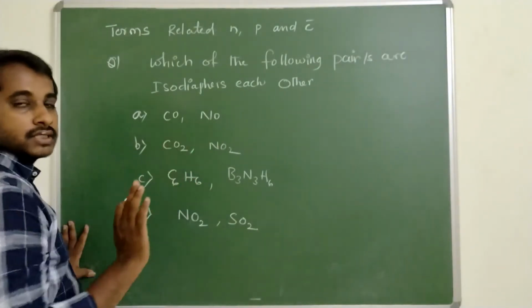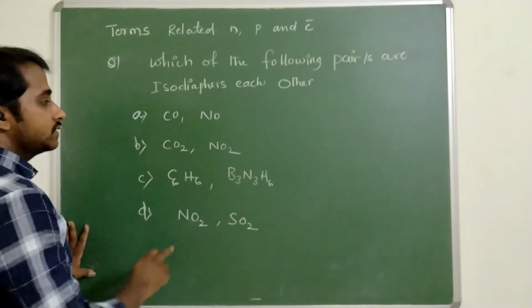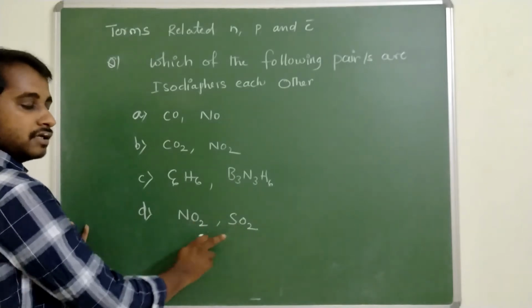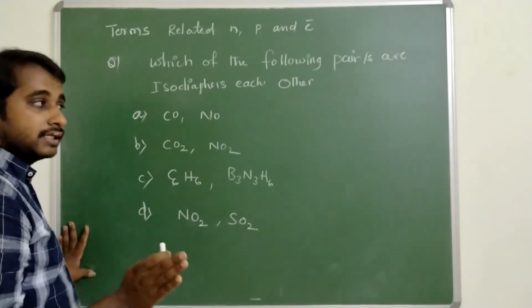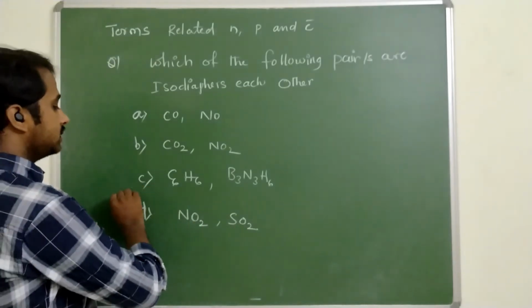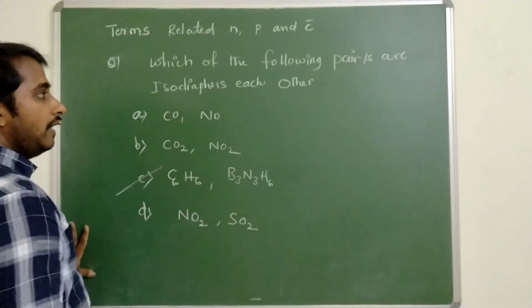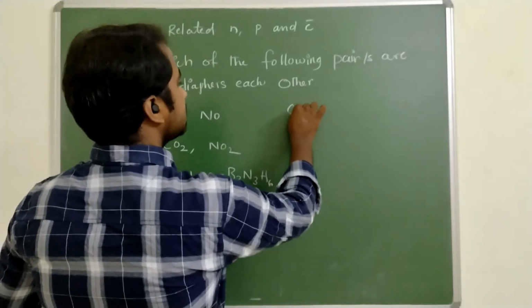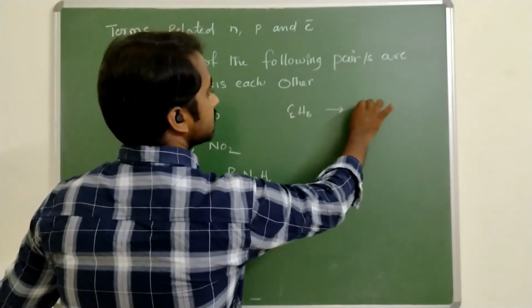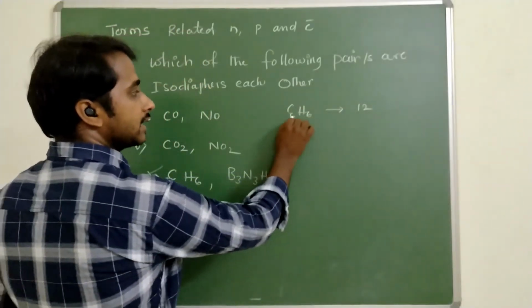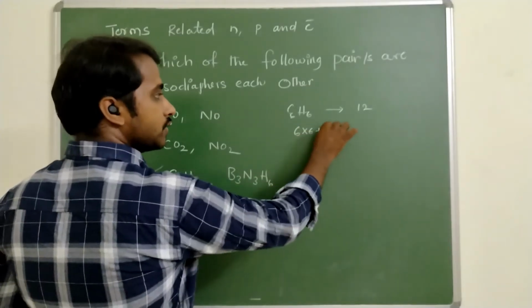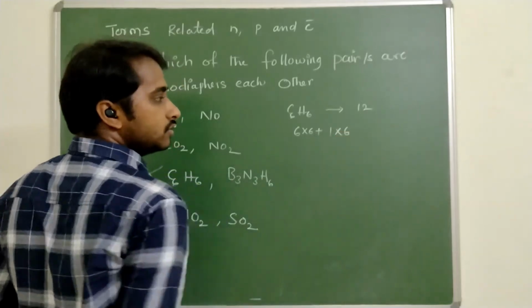For option A, CO and NO have the same number of atoms, but the same number of electrons is not satisfied. Coming to option C, it is the correct answer. I will explain why option C is correct. Take C6H6. How many atoms are there? 12. How many electrons? Carbon has 6 electrons, 6 into 6, plus hydrogen is 1 electron into 6.